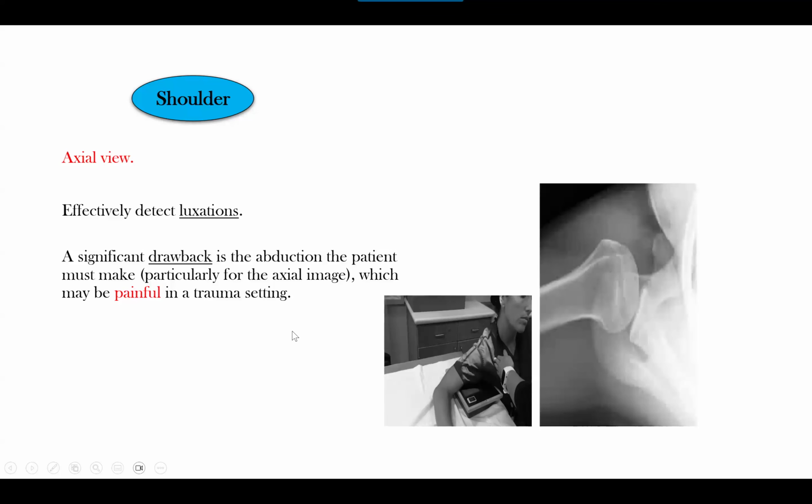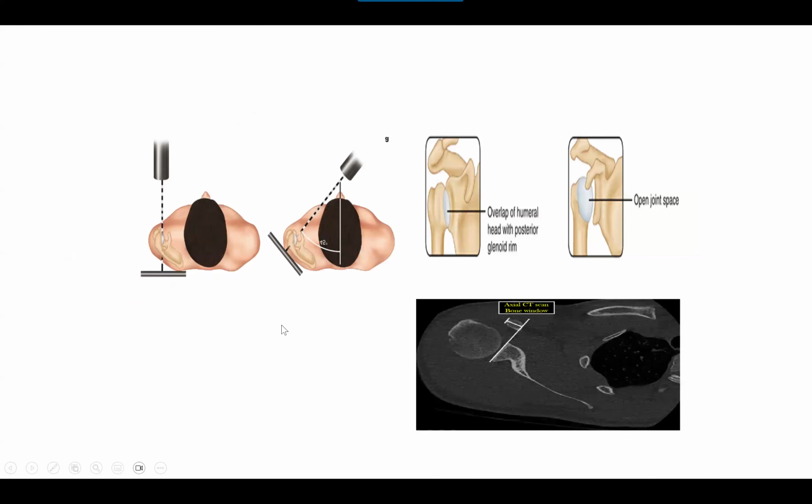It's painful. So what can I do? In anterior or posterior shoulder dislocation, it is difficult to do the axial or lateral scapular view. What can I do? Use the AP view. How? It's easy. In the AP view, the beam is usually directed from anterior to posterior.